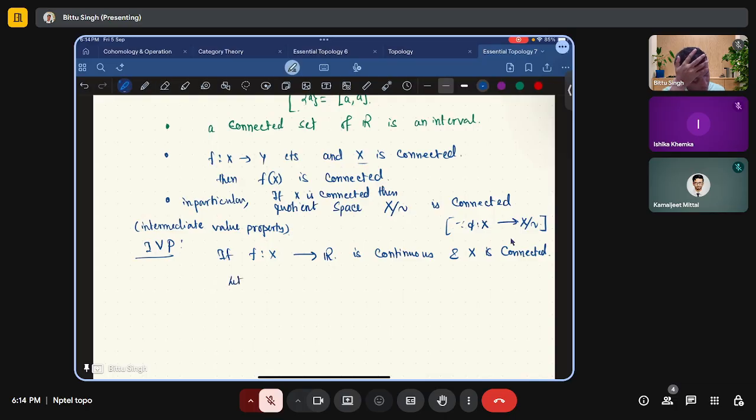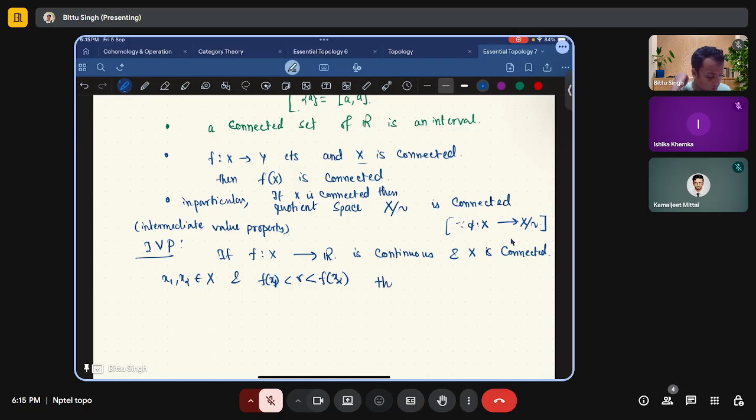Let x1, x2 belong to X, and choose a real number r between f(x1) and f(x2).